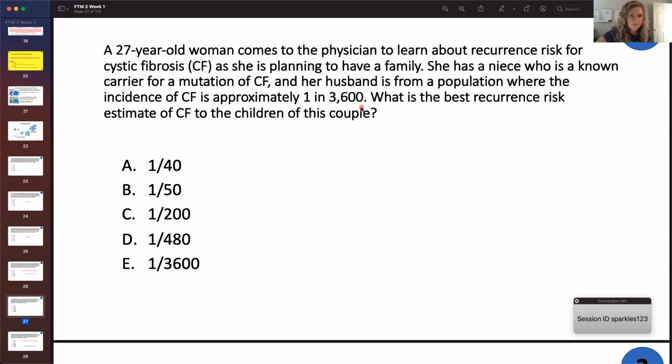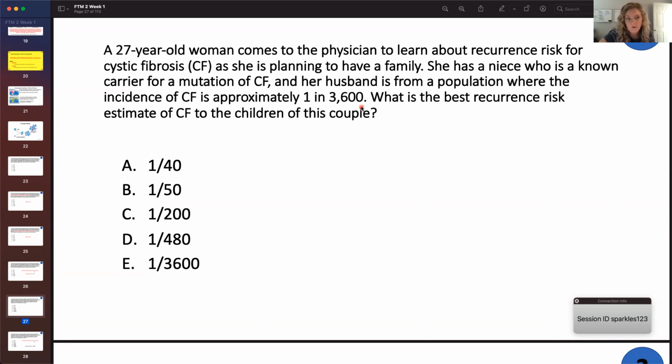So this is going to be autosomal recessive. This is when the Hardy-Weinberg and the population stuff comes in. The incidence in the population is 1 in 3,600, which means you're going to need to take the square root of that. The square root of 3,600 is 60.